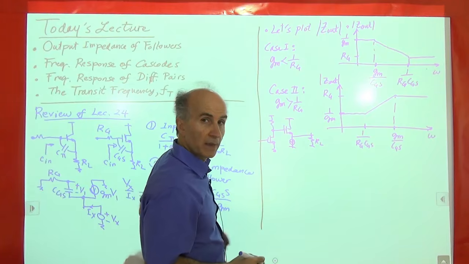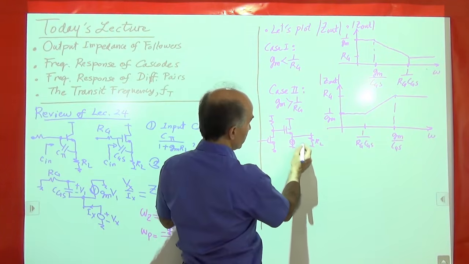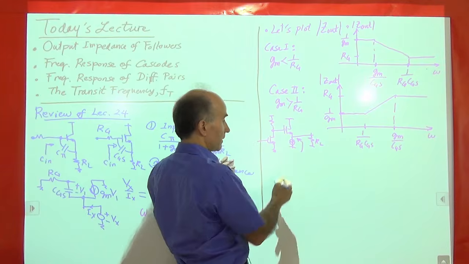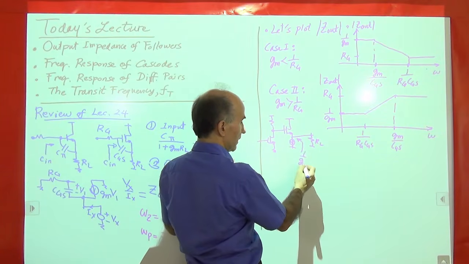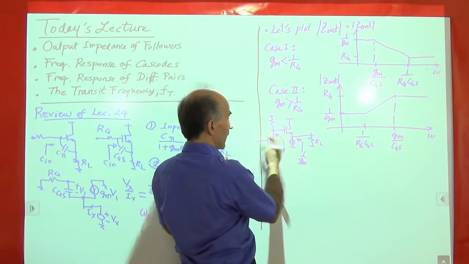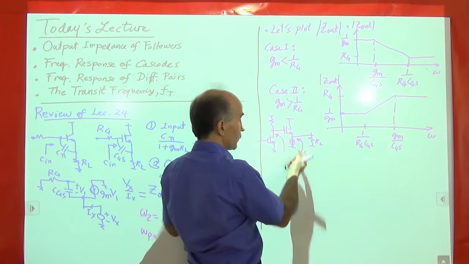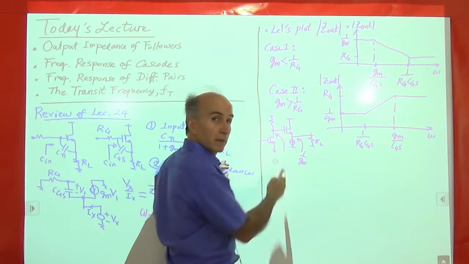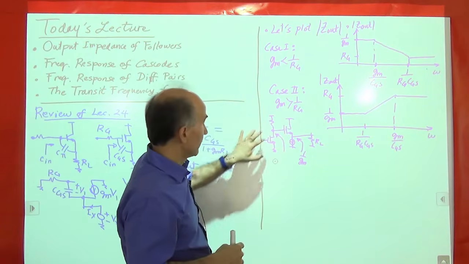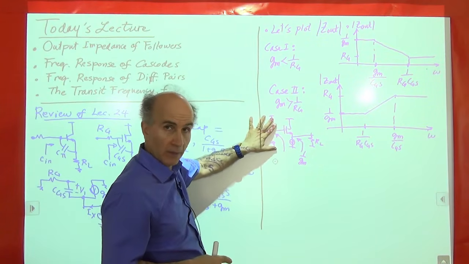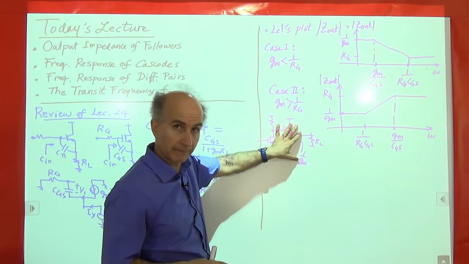The idea is that the output impedance of this buffer is much lower than the impedance that the original amplifier presented, which we call Rg. So we want the output impedance of the buffer to be less than the output impedance of the original circuit. Otherwise, there's no reason to put a buffer here, right?